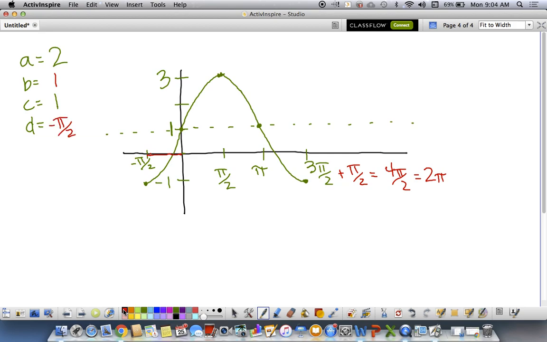What type of function is it? Cosine. Yes, because we didn't start at 0, 0. Is it positive or is it negative? Negative cosine curve. So what is our equation? Okay.